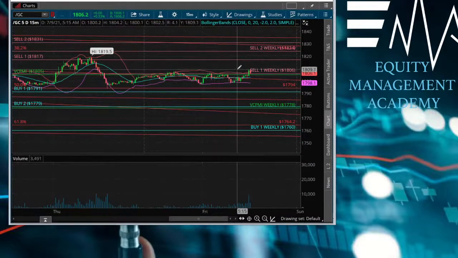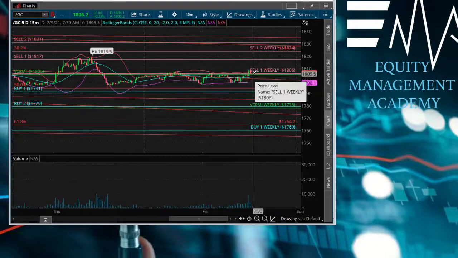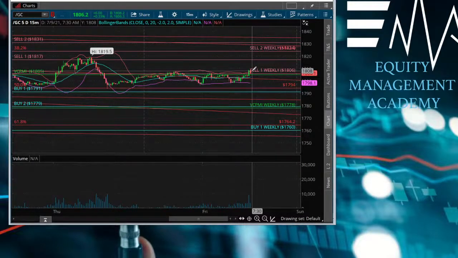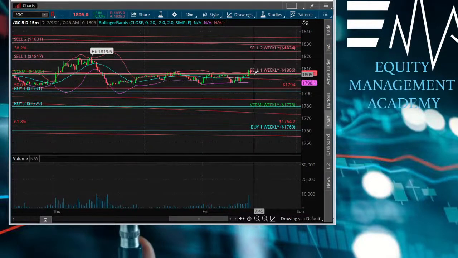In the meantime, we're getting a kind of mixed signal here as the market is activating a bullish pattern above the 1806 level. When the market closes above 1806, the pattern activates the level above, which is the 1824. Even though it's an area of distribution of supply, you're entering a high probability area.